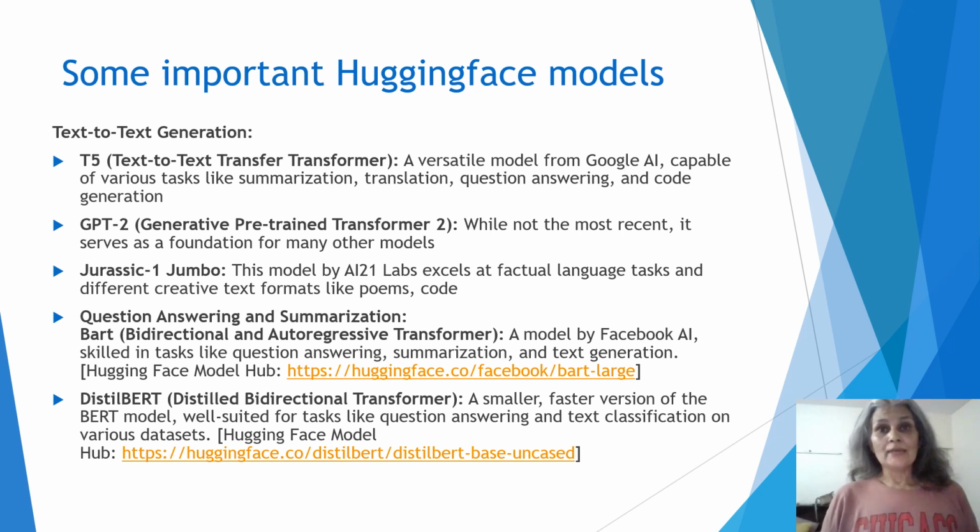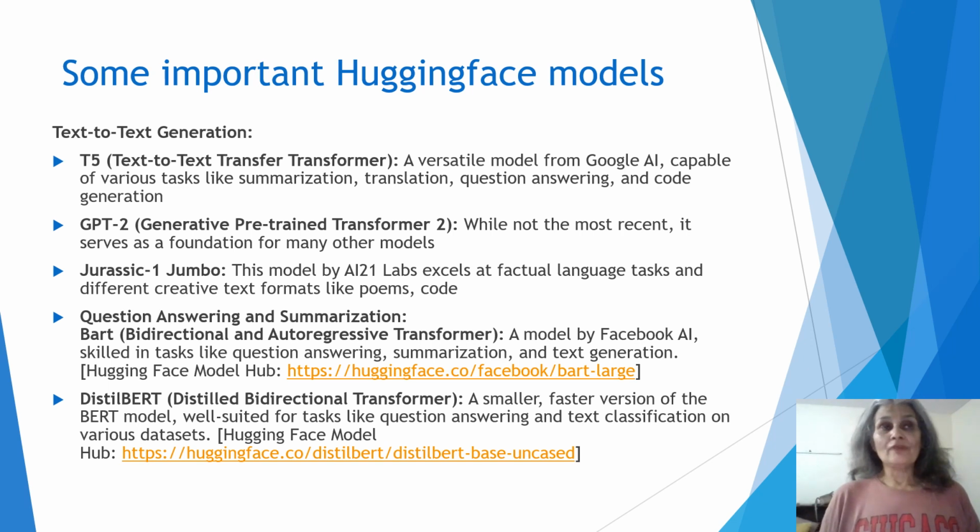This is a versatile model from Google AI and can perform a variety of text-based tasks such as translation, summarization, and code generation. The GPT-2, which is the generative pre-trained transformer second version, is open sourced from OpenAI, and it is not the most recent one, obviously, but it gives a good idea of how the GPT series developed, and obviously has been open source for quite some time.